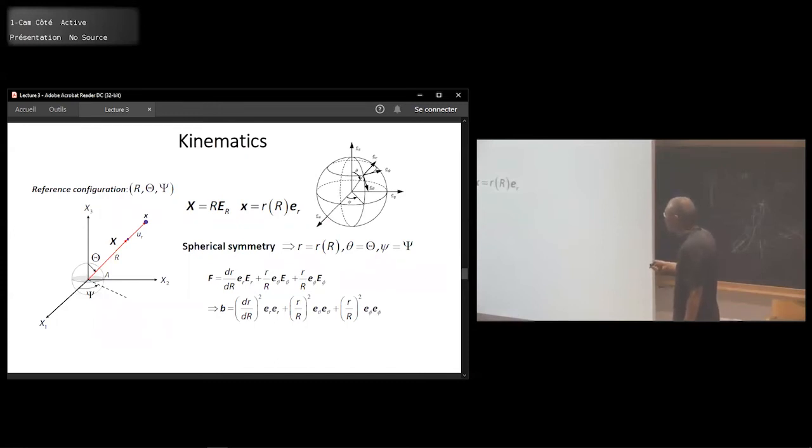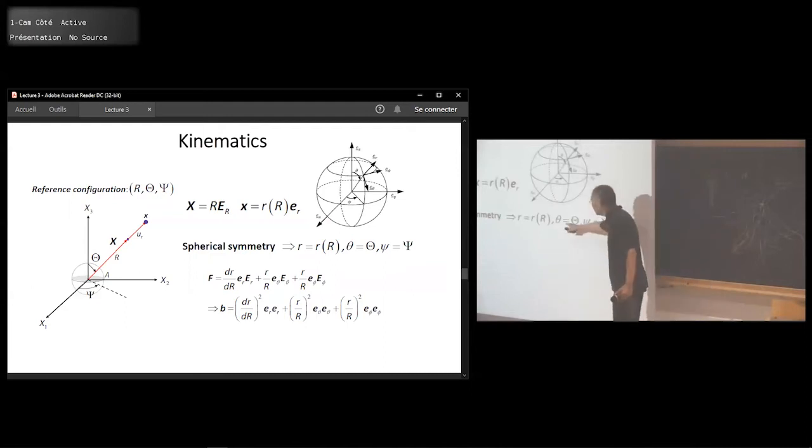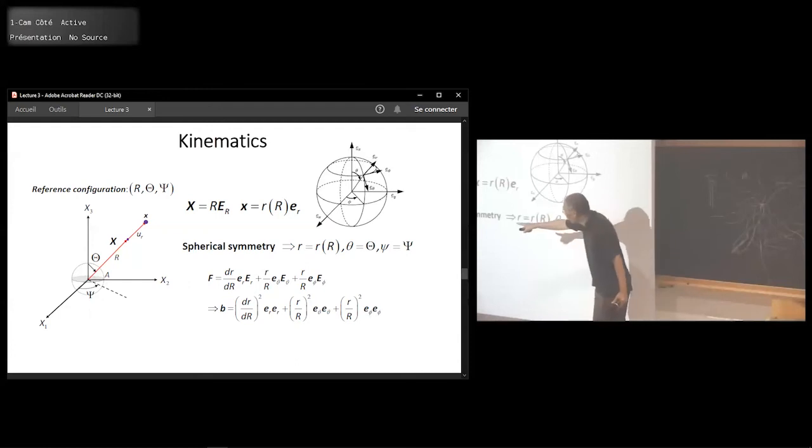Because this is a vector, we use a spherical coordinate system. Spherical symmetry basically says that before deformation I use the coordinate system there, and after deformation, for the material point, the two thetas are the same.